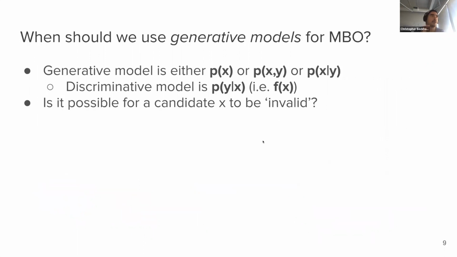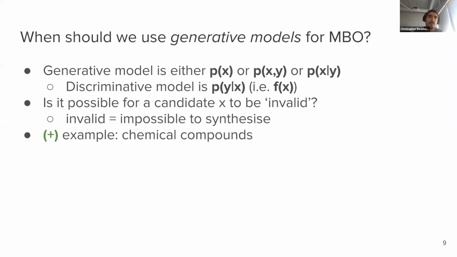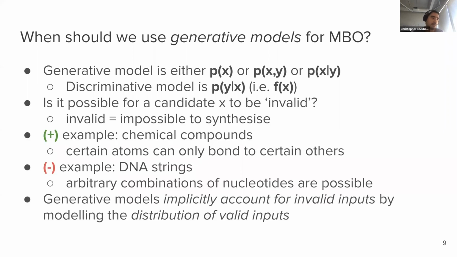Emmanuel was telling me there is this interesting property of GFlowNets, that the joint density P of X and Y could be proportional to the score F of X. We spoke about this a few weeks ago, but I do think there is room for it. I didn't have time to mention this in the preprint, but because GFlowNets are a new class of generative model, I do think there could be some interesting work done there.